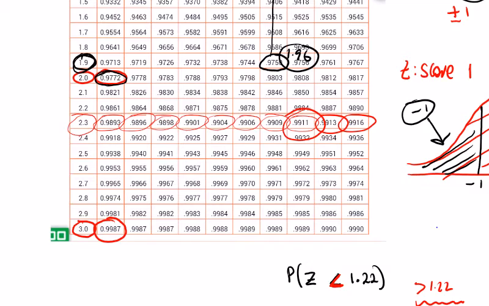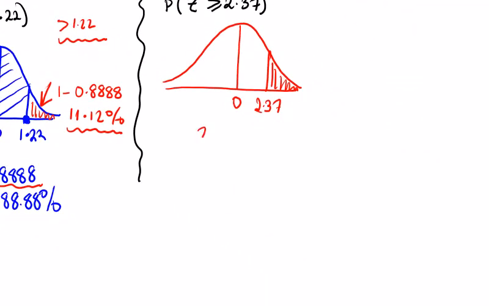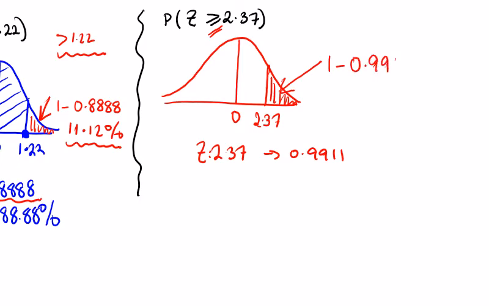So we get 9911. The Z score of 2.37 gives 0.9911. Because we're looking at greater than 2.37, we're just looking for the bit in the tail. So 1 minus 0.9911, and we'd have to add 89 onto that to get it all the way up to 1. So that's equal to 0.0089.